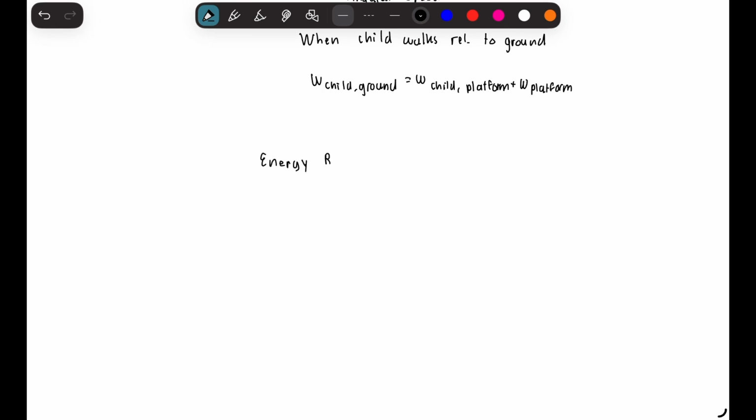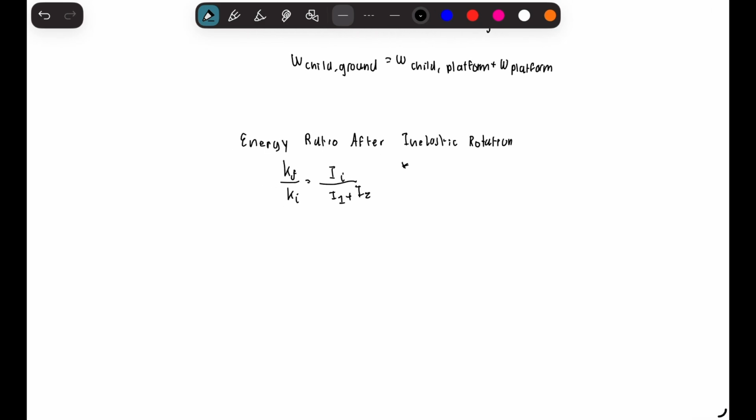Also, if you're taking the energy ratio after an inelastic rotation, you have this set up. But the conditions for this are that angular momentum must be conserved, and also your second object was initially at rest.